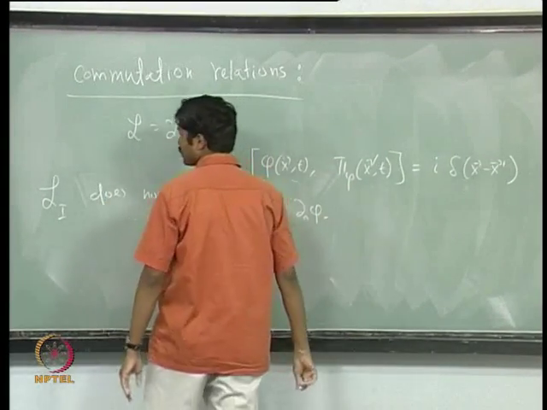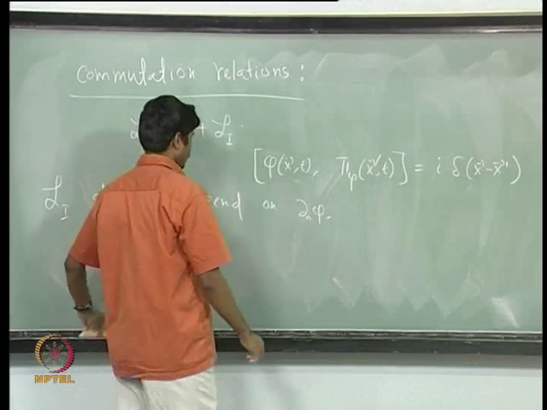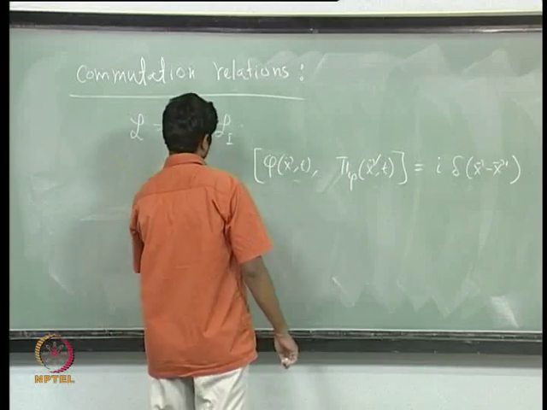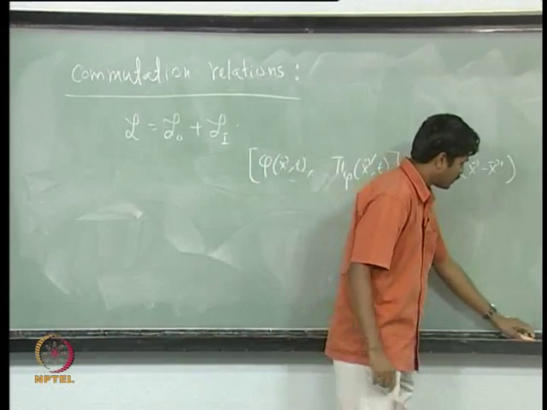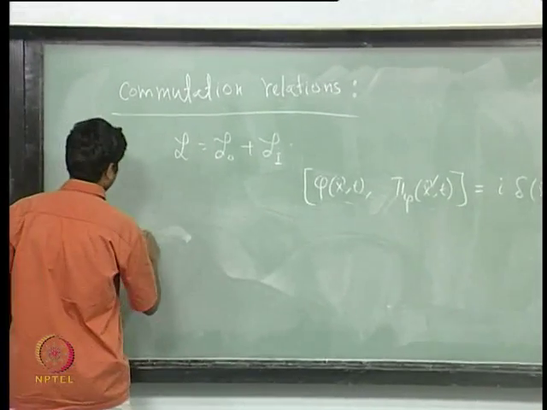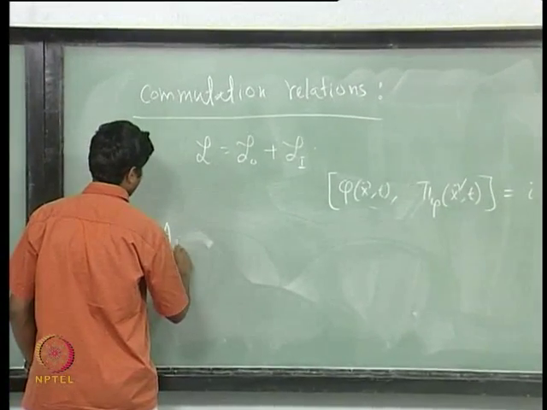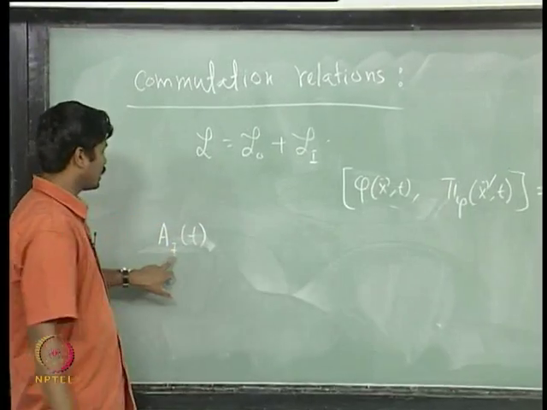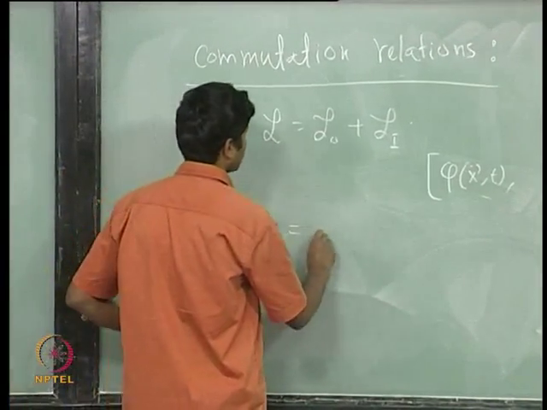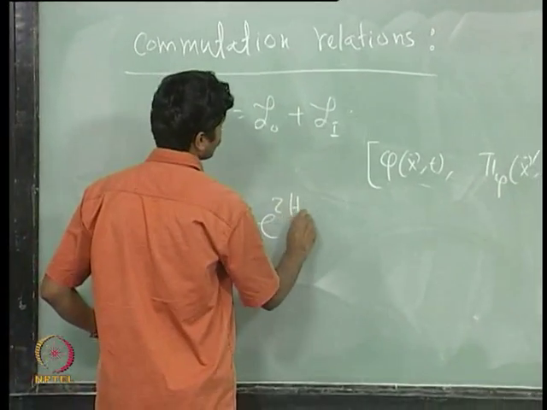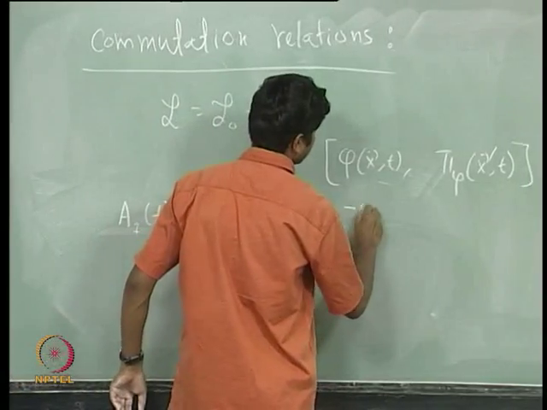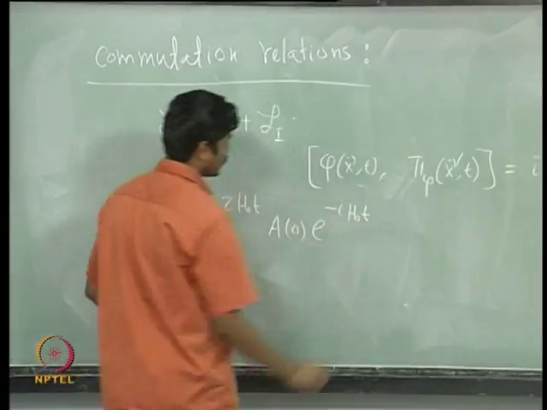Now, you can introduce the operators in the interaction picture. We already know what the operators in the interaction picture are. In the interaction picture, A_I, if I call it an operator A in the interaction picture, this is e to the power i H0 t A0 e to the power minus i H0 t.